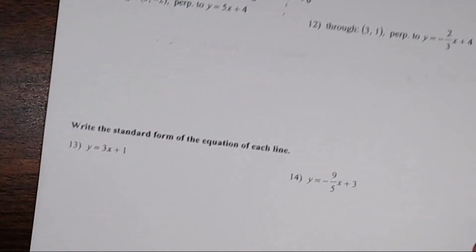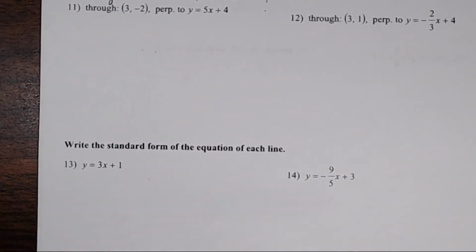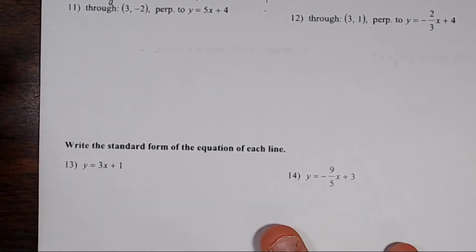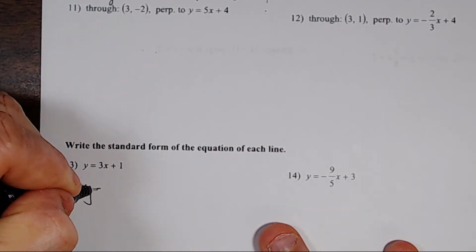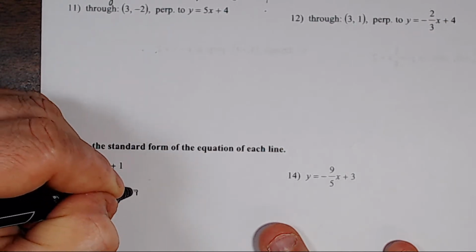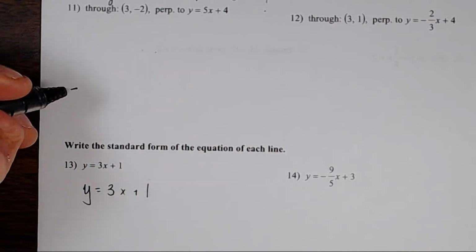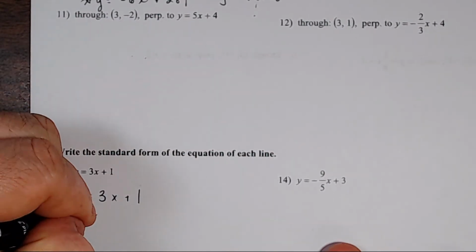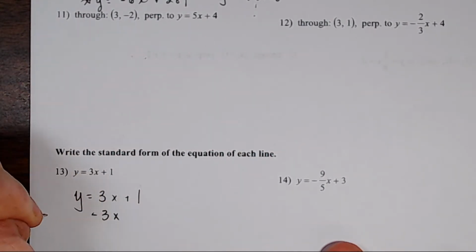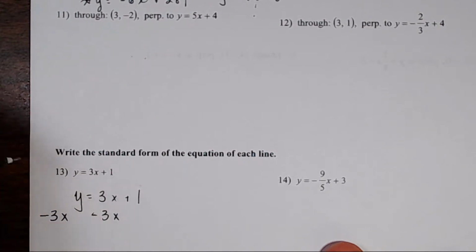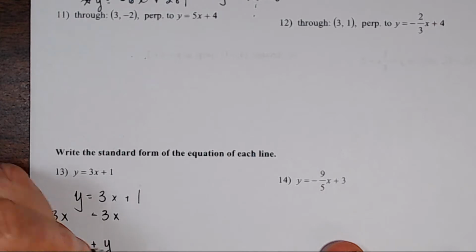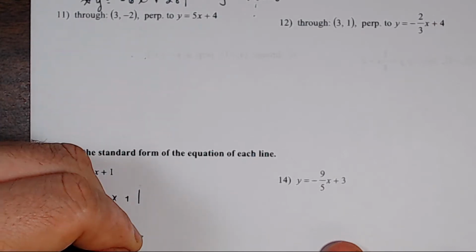number 10, and then down here on number 13 and 14, you have an even easier task. So you have y equals 3x plus 1. Well, if I want the standard form, what am I going to do? Subtract 3x from both sides. So I have negative 3x plus y equals 1.